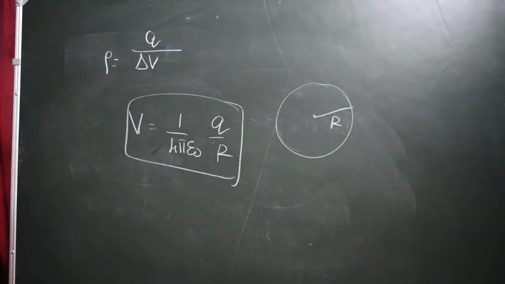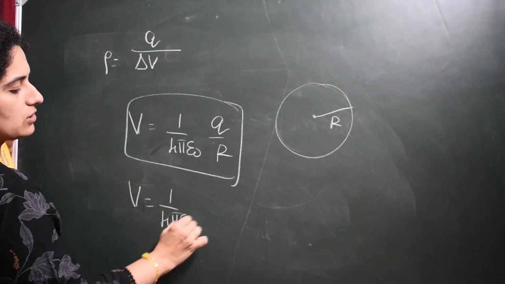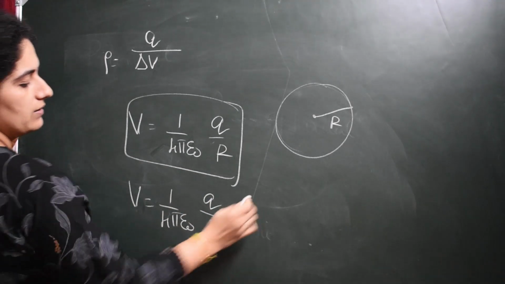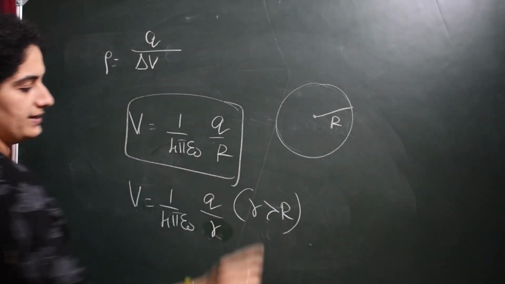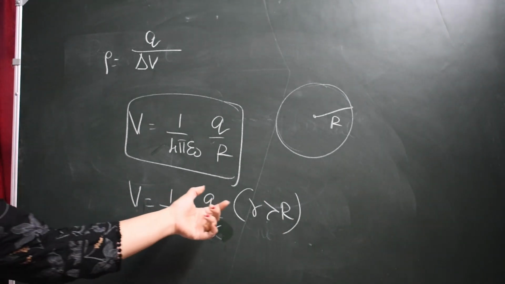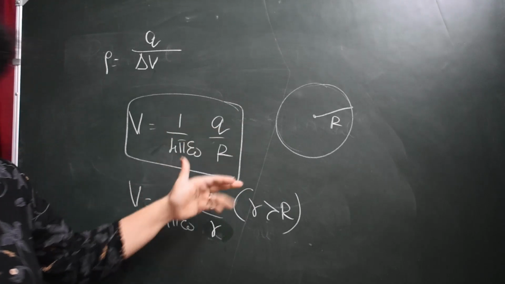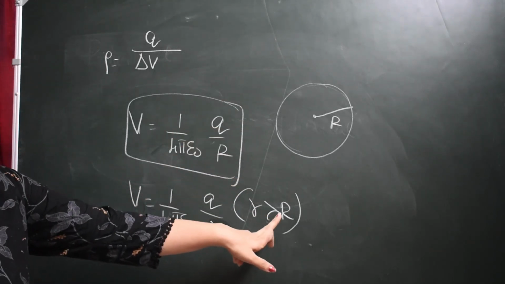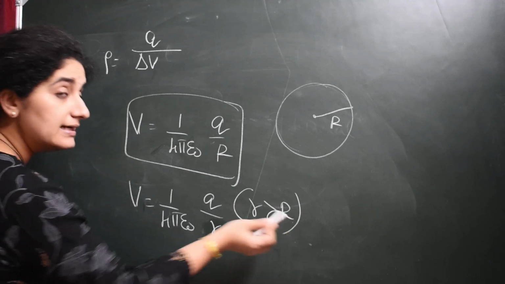Outside the spherical shell, the potential is V equal to 1 by 4 pi epsilon naught q by r, small r, where r is greater than the radius. Q is the total charge present in that spherical shell and r is any point outside, so r is greater than the radius.